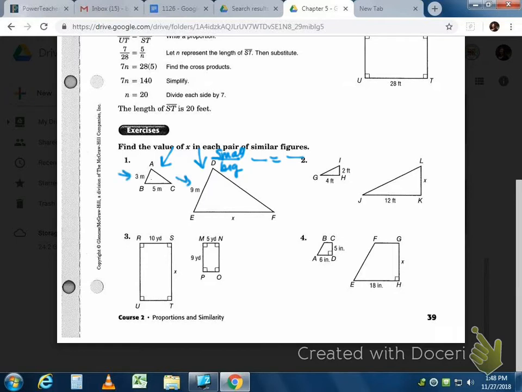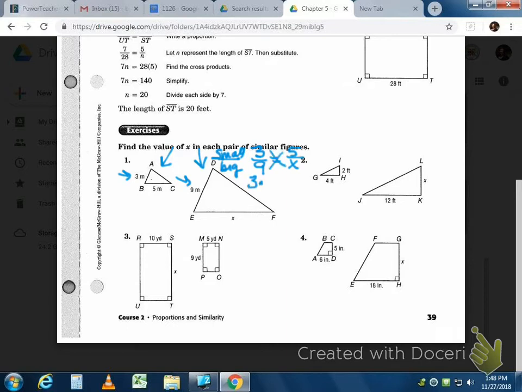So if I put small over big, which one's going to go on top? 3 over 9. Which other two sides do they have matched up? 5 and x. 5 on top and x on the bottom. Do you see how we've got yet another proportion with one thing missing? So I'm going to solve it like we've done all the rest of them. Cross, cross.